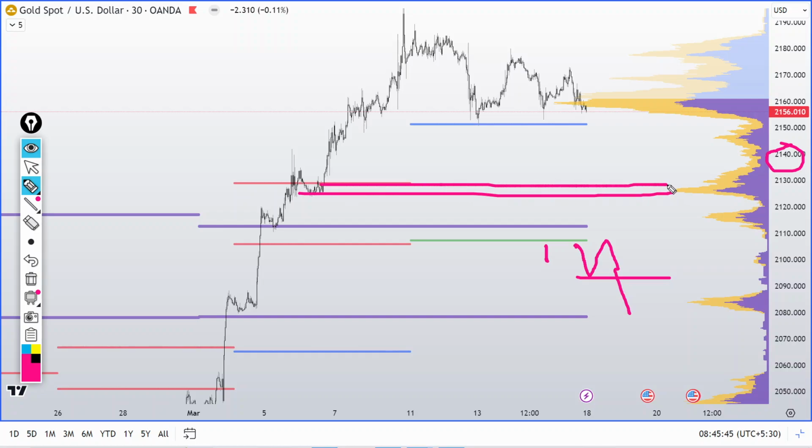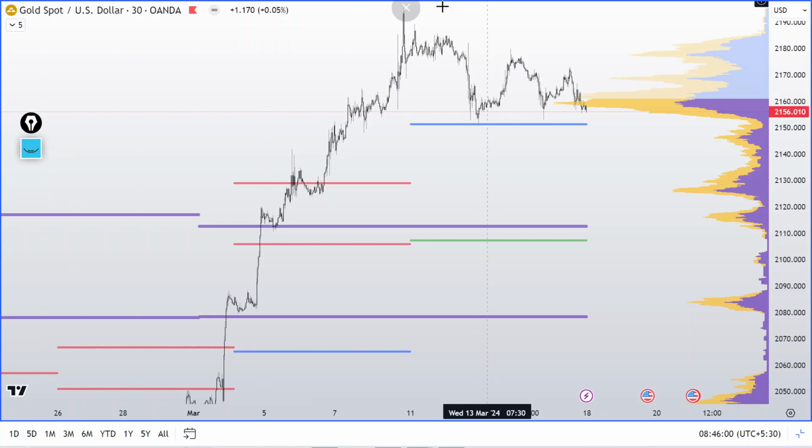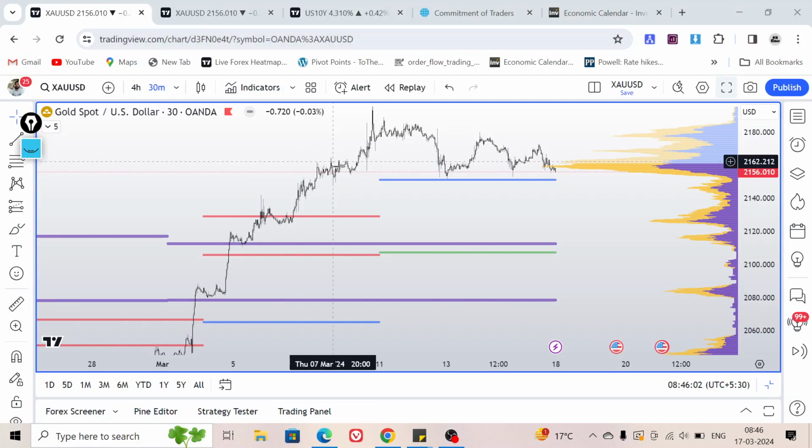Okay, so this is the next support. So we have to wait for the price to reach this level or this level, or if it breaks out from here, then we are going to look for buy opportunities. So this is the scenario on the intraday time frame.